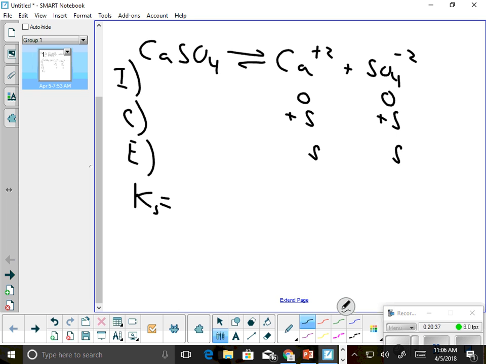Which means if KSP is the concentration of each product raised to their stoichiometric coefficient, I have S times S, which is the same as S squared.